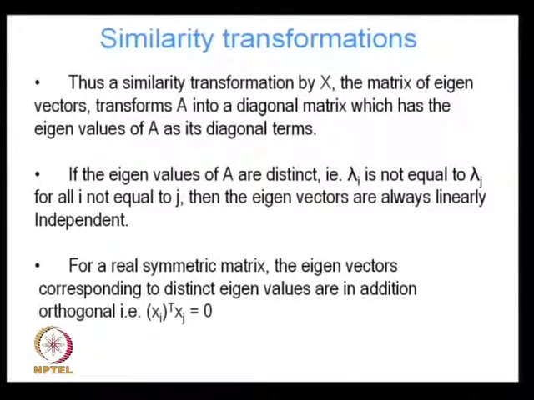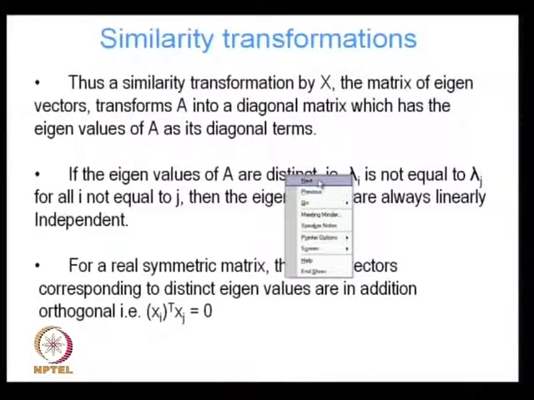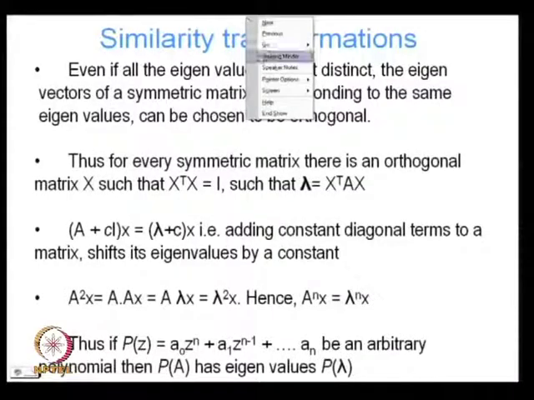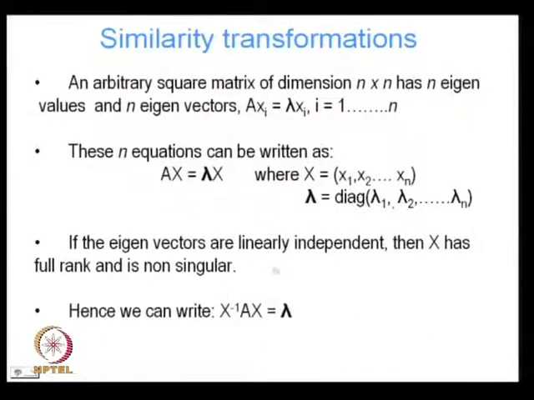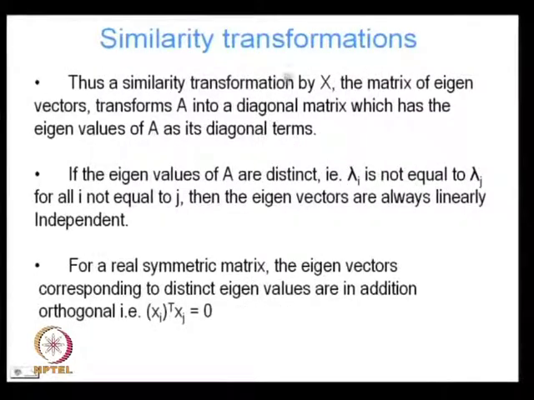Thus, a similarity transformation by X, the matrix of eigenvectors, as we looked at earlier, is this relationship; this is basically a similarity transformation on A. So, what we are saying is that if we do a similarity transformation on A using the matrix X, we get a diagonal matrix. We transform A into a diagonal matrix which has the eigenvalues of A as its diagonal terms.